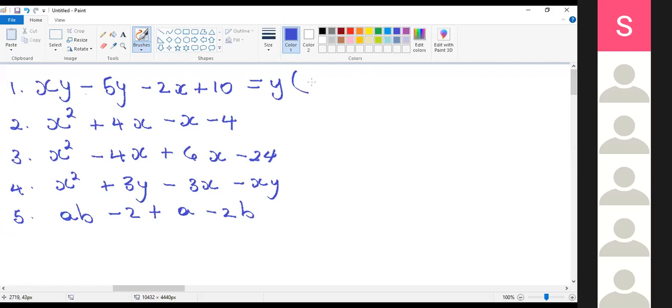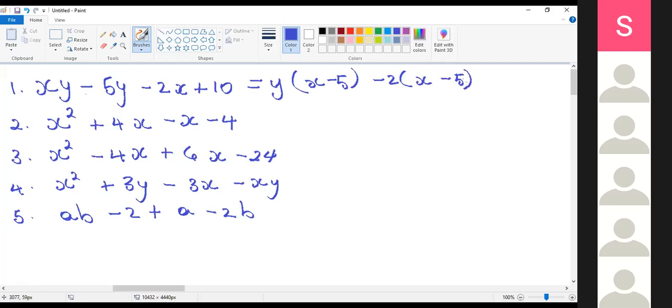Yeah, what goes in the bracket? X minus 5. That's xy and 5y. Okay, great. What's the next factor? Negative 2. Negative 2, X minus 5.